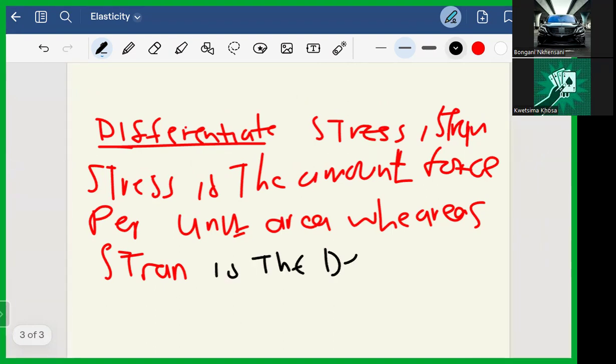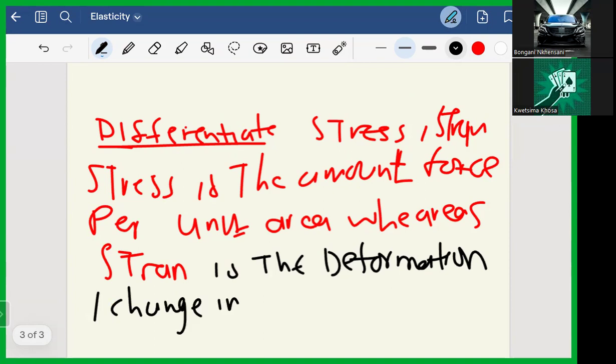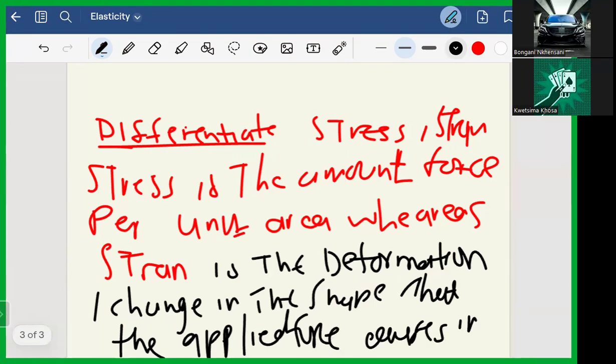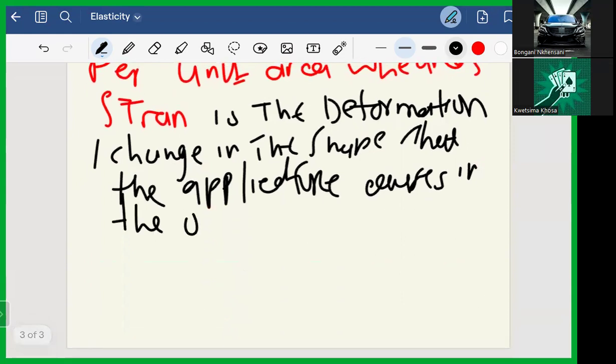Let's just say it's the deformation. Now we're checking the point when it deforms. The deformation or change in the shape that the force being applied, let's just say the applied force, causes in the object or material.